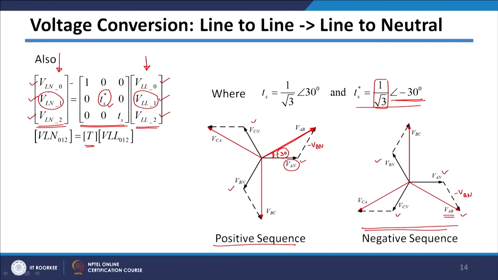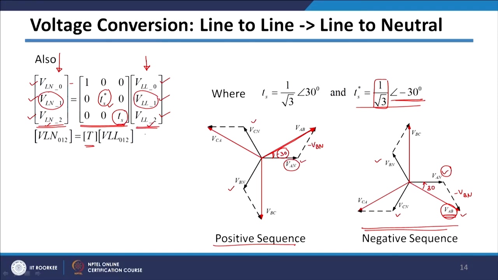So in case of a negative sequence, you can see your line to line quantities are lagging behind your line to neutral quantities, or we can say line to neutral quantities are leading by 30 degrees with respect to line quantities. So that's why, to represent this leading 30 degree angle of line to neutral quantities with respect to line quantities, we represent by TS.